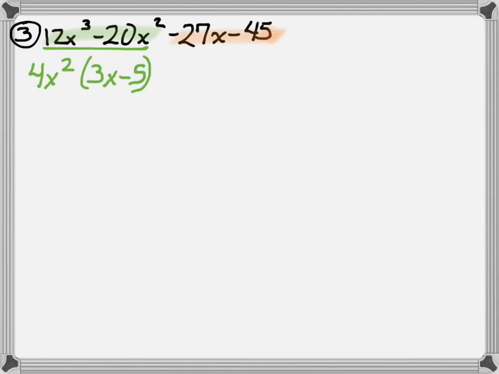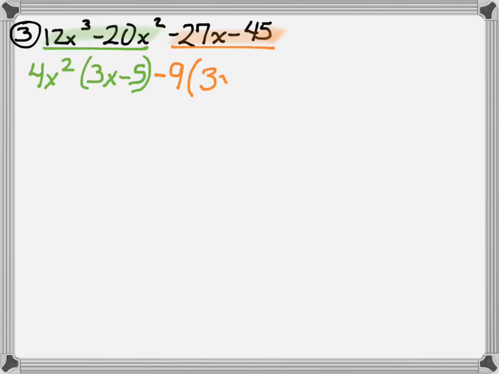In my second two, I start off with a negative, and I look at 27 and 45. They are both divisible by 9, so I'm going to bring a negative 9 out of both of them. Negative 27 divided by negative 9 is a positive 3.